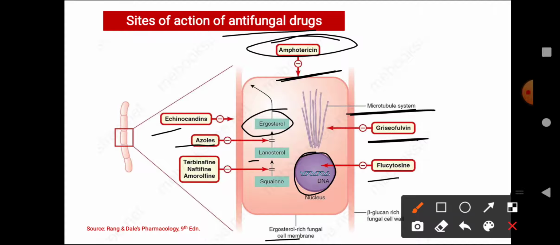Echinocandins act on the cell wall, and drugs like terbinafine act on the conversion of squalene to lanosterol, thereby ultimately preventing the formation of ergosterol. This is the site of action of these antifungal drugs.